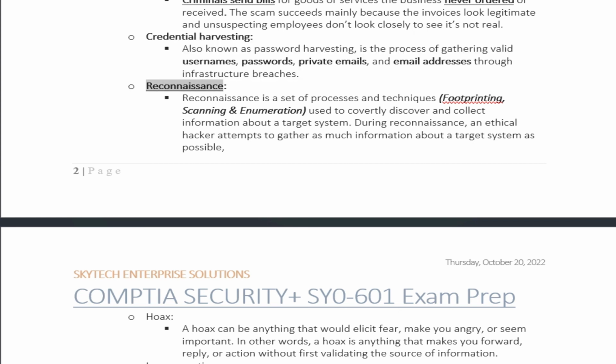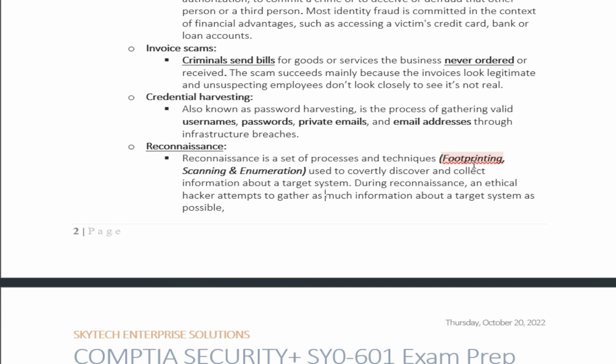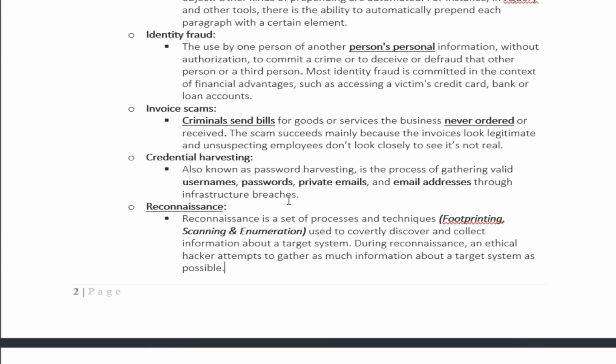It's even used in the military. In layman's terms, it's basically spying on your target, right? You drive by to see what's going on, see how they're living, so you can come back and plan your mode of attack.